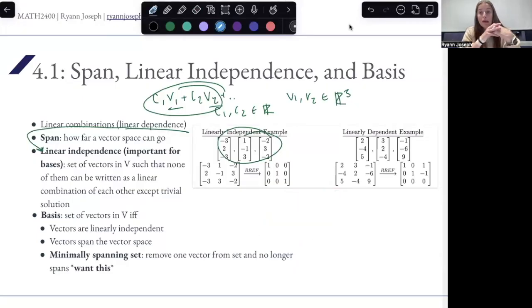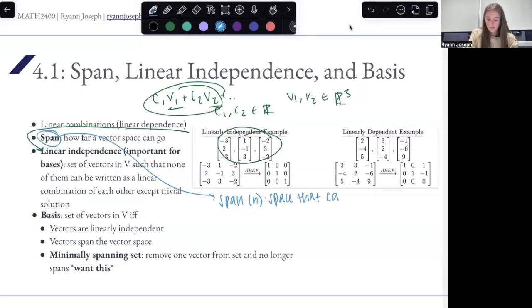Then the idea of a span. I like to think of span as a noun and a verb. As a noun, it's the space that can be generated by some vectors, and then span as a verb is making that space.